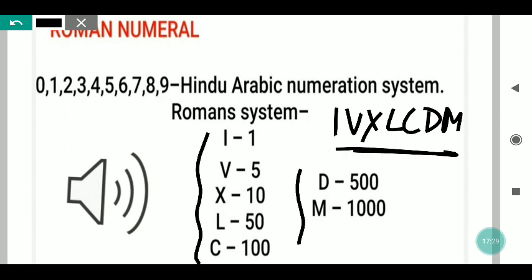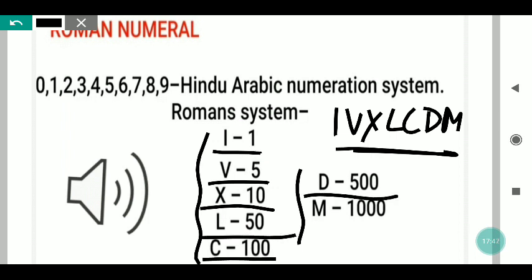If you learn these 7 symbols, then you can write, form and calculate any of the Roman numerals. I stands for 1, V stands for 5, X stands for 10, L stands for 50, C stands for 100, D stands for 500, M stands for 1000.